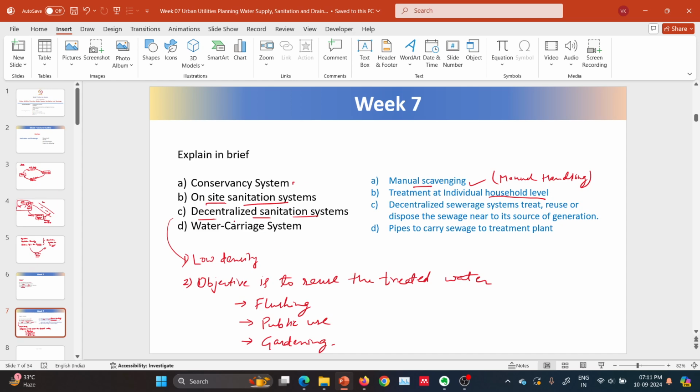So then a decentralized system can be used because the length of pipelines will be small, so it saves pipe length and pumping cost also.